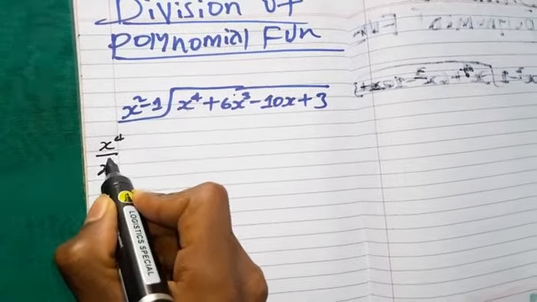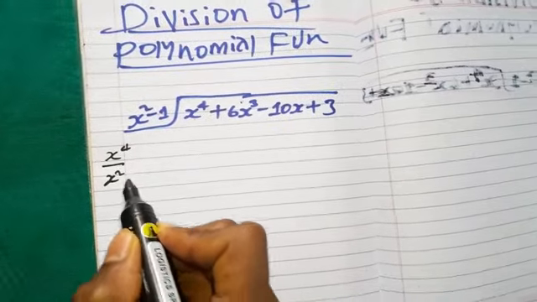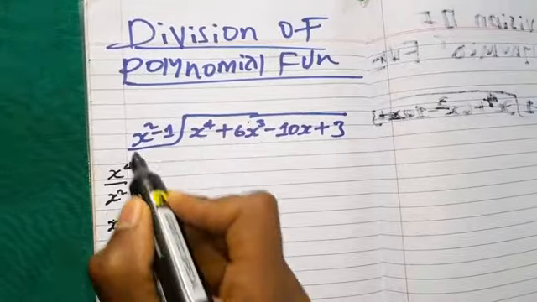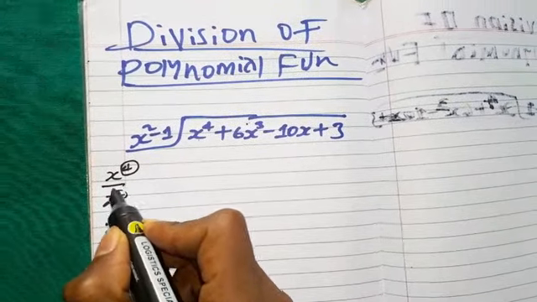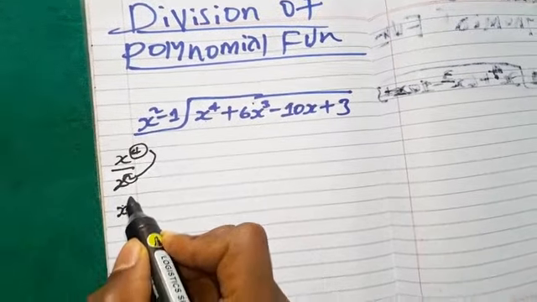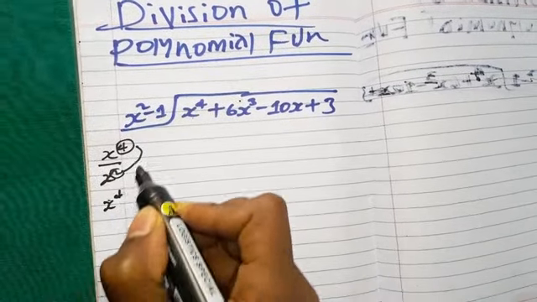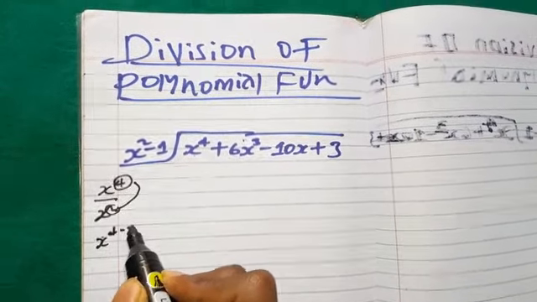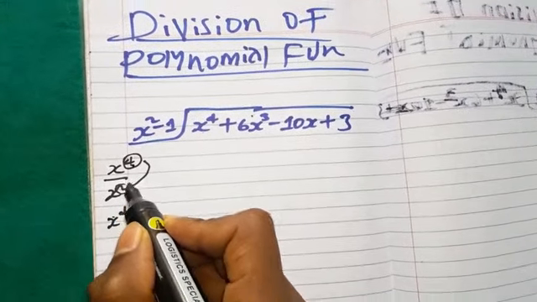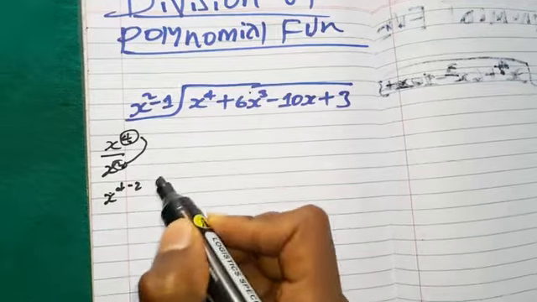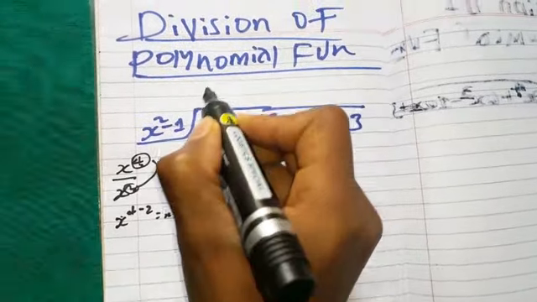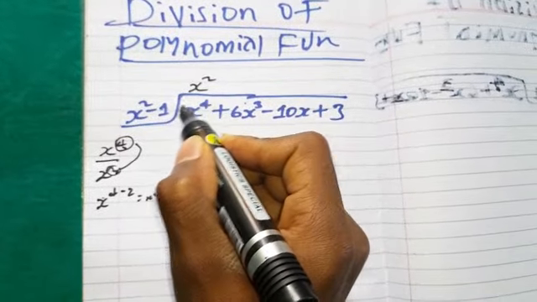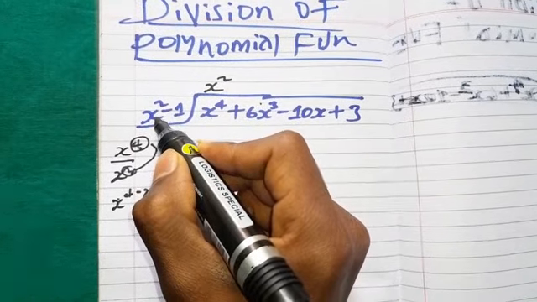The 4 and this 2 come together as 4 minus 2, so x to the power of 2, which is x squared. Do you get it? x to the power of 4 divided by x to the power of 2 means x squared.